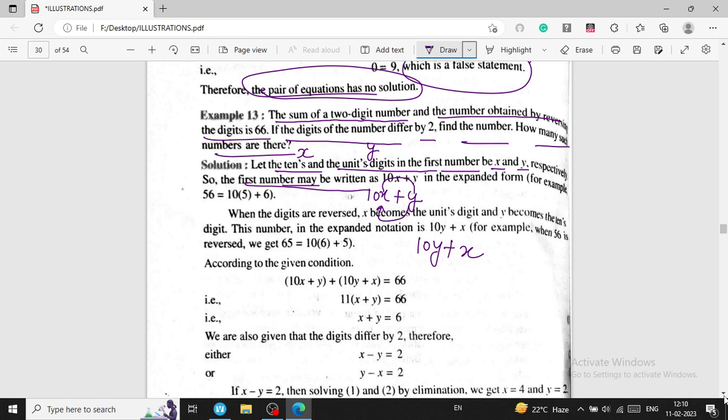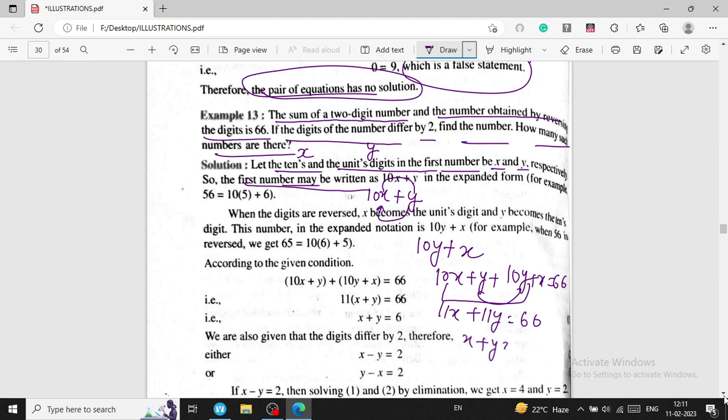And in this question it says that the sum of the two-digit number and the number obtained by reversing is 66, meaning 10x plus y plus 10y plus x is equal to 66. 10x plus 1x is 11x, 10y plus 1y is 11y, equal to 66.